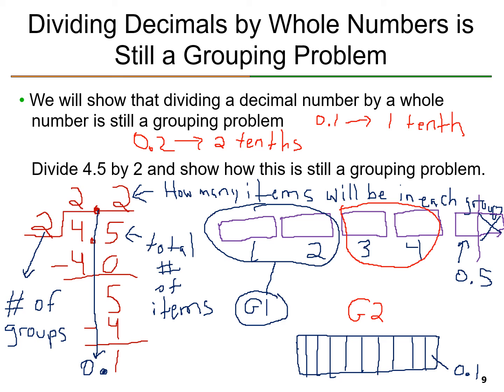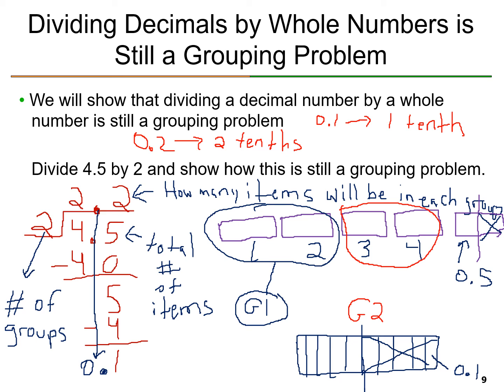But we didn't start with 10 tenths. We only started with half of the item. So we only had 5 of the parts to start with. Initially, we did not have the right half. We only had 1/2 of the object, 5 tenths.